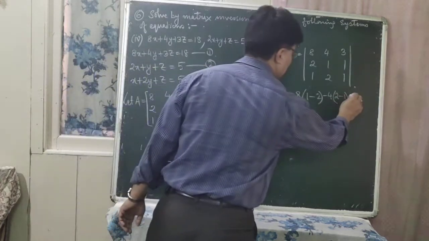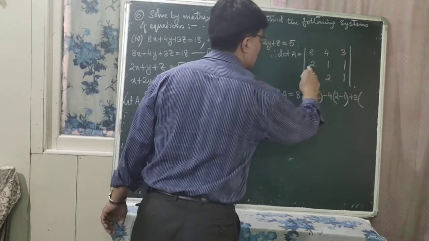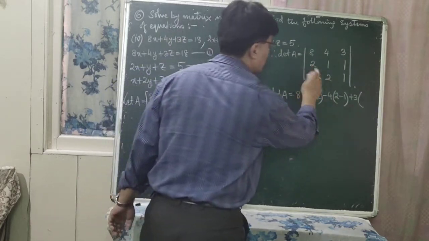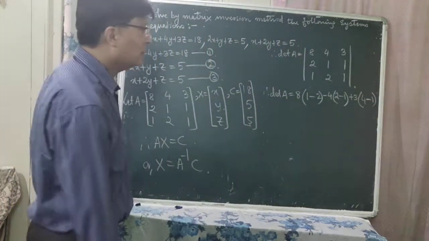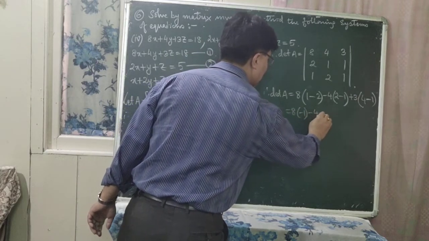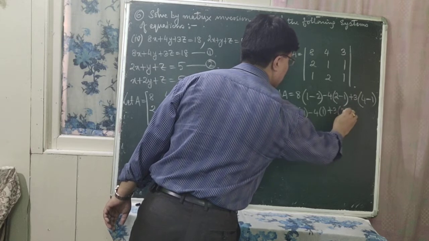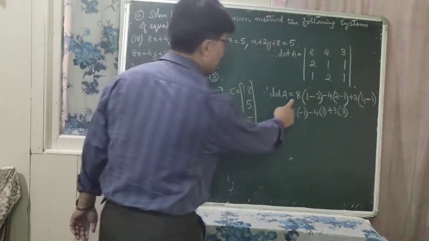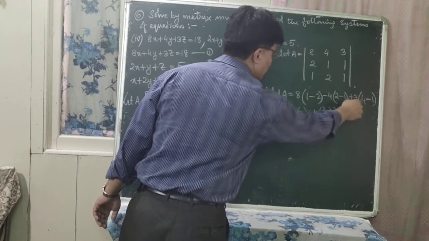Then comes plus 3 within bracket. Delete the row and the column through the element 3. 2, 1, 1, 2 remains. So 2 twos are 4, and then minus 1. Is that clear? Now let us simplify it. 8 into minus 1, minus 4 into 1, plus 3 into 3. This 2 minus 1 is 1, and 4 minus 1 is 3.